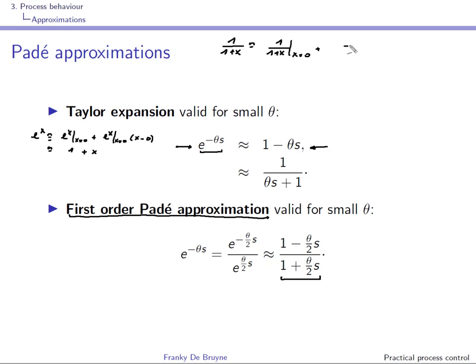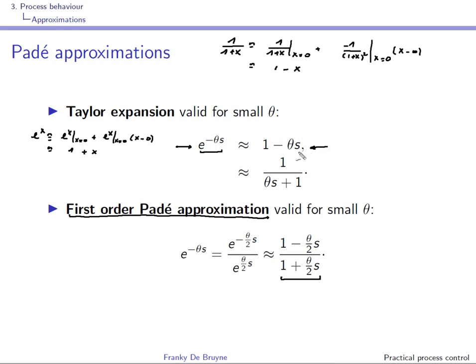The derivative will be minus 1 over 1 plus x squared, again evaluated at x equal to 0 times x minus 0, right? We only take the first two terms, so this is approximately 1 minus x, right?